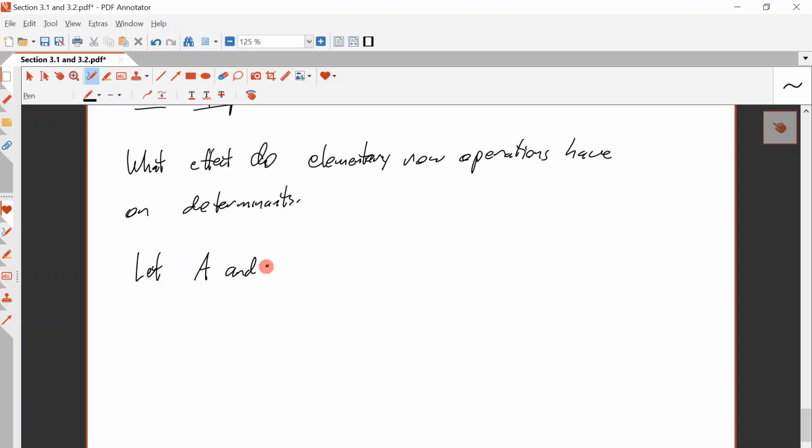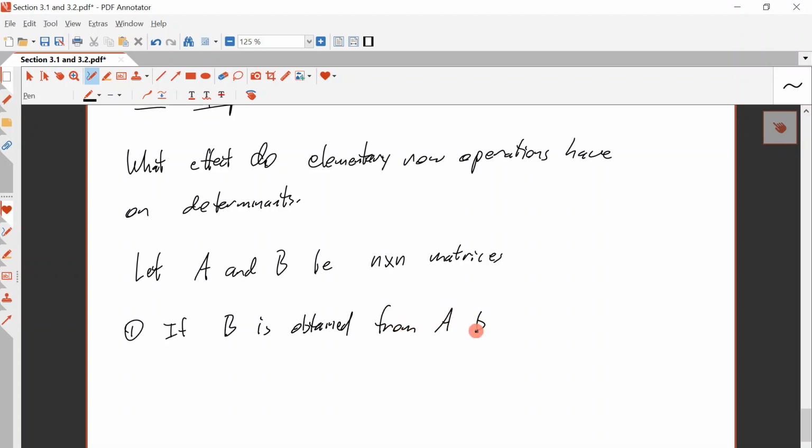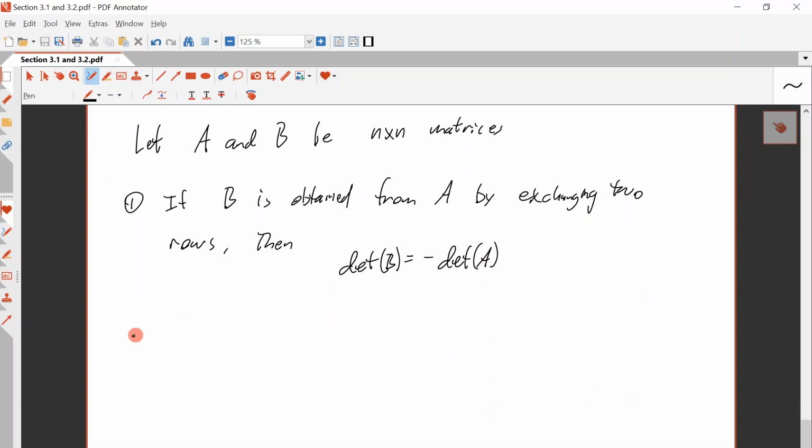Let A and B be n by n matrices. 1. If B is obtained from A by exchanging two rows, then the determinant of B is equal to the negative of the determinant of A. 2.